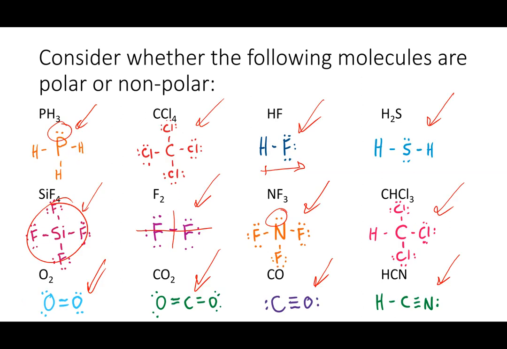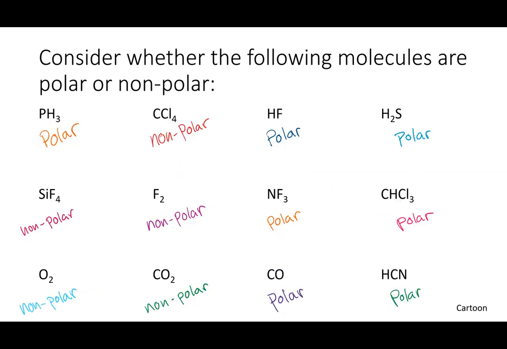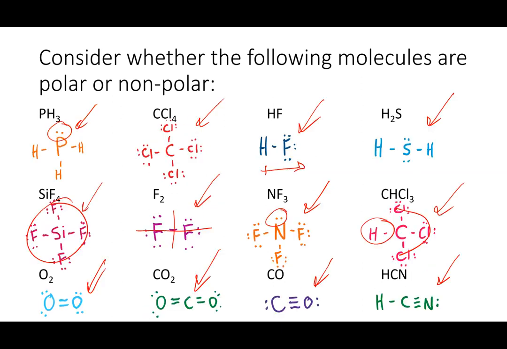CHCl3 is polar. Even though it is tetrahedral, there's one thing that is different from the other three, and that makes it polar, because hydrogen does not pull as strong as chlorine. O2, just like F2, is nonpolar because it's perfectly symmetrical. CO2, likewise, is nonpolar because both sides of carbon have a double bond to oxygen, and it is perfectly symmetrical, so it is nonpolar.